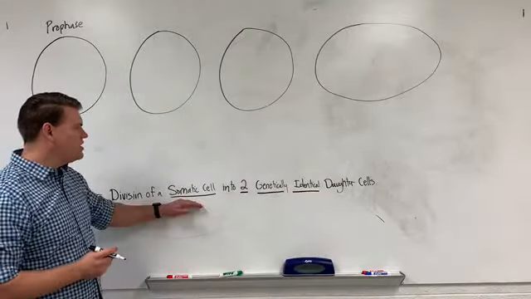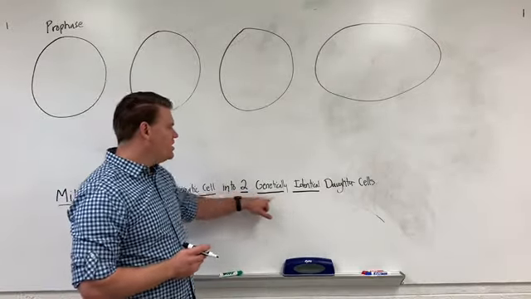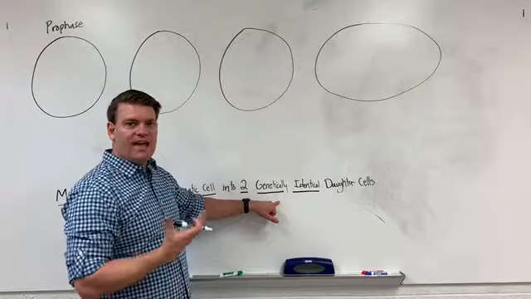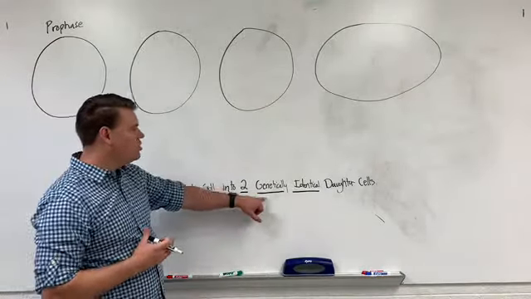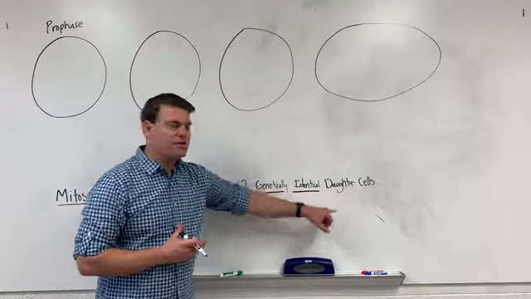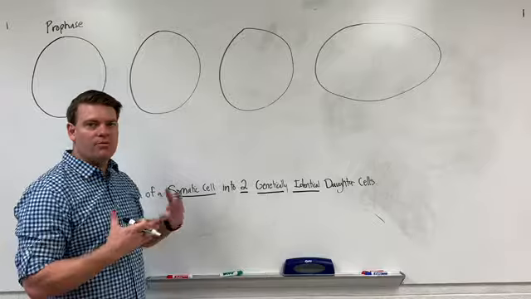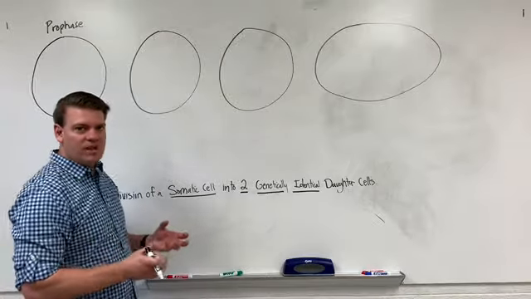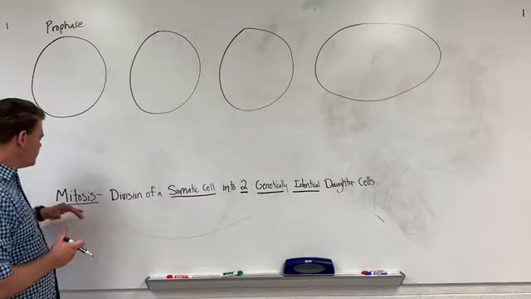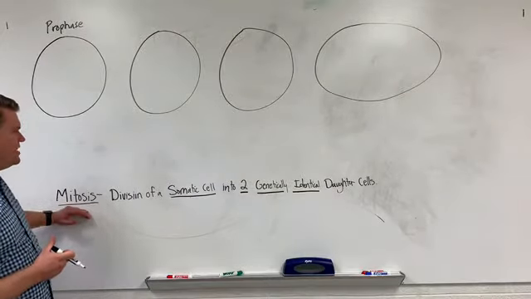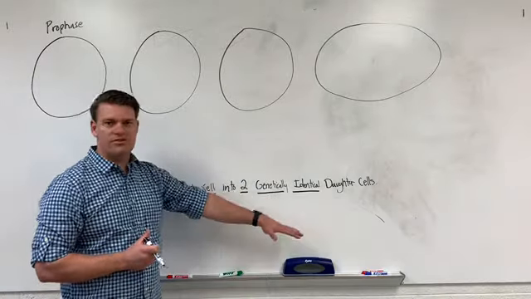We're going to go from one cell to two cells, and the genetics or the DNA of the original somatic cell, the two daughter cells that we create from this will be genetically identical, exactly the same. We won't be able to tell a difference between them if we look just at their genetics. So that's what mitosis is: the division of a somatic cell into two genetically identical daughter cells.